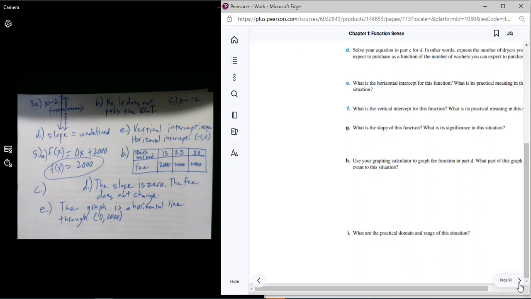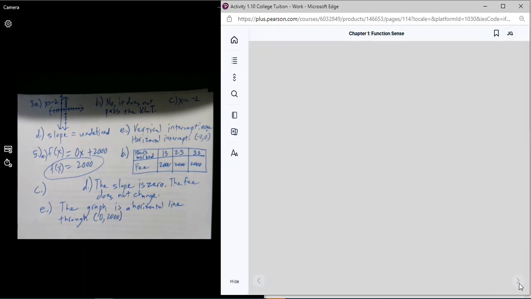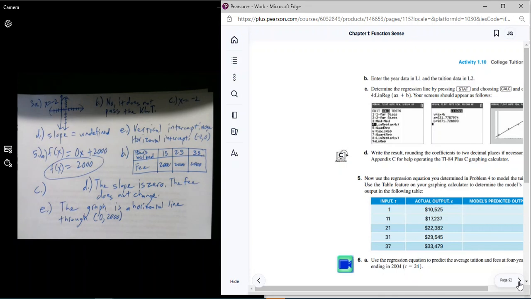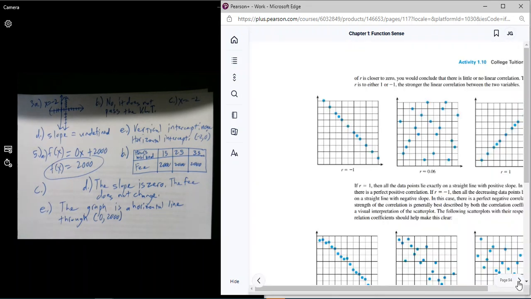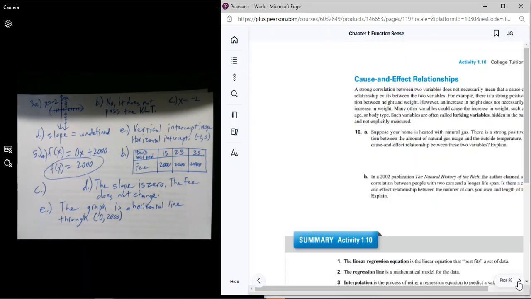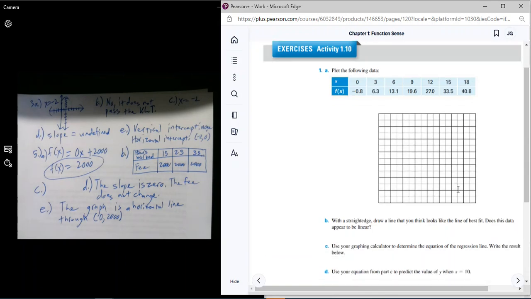Now 1.10, we're supposed to do pages 96 to 99. All right. On page 96, we're supposed to just do problems 1, 3, and 4.